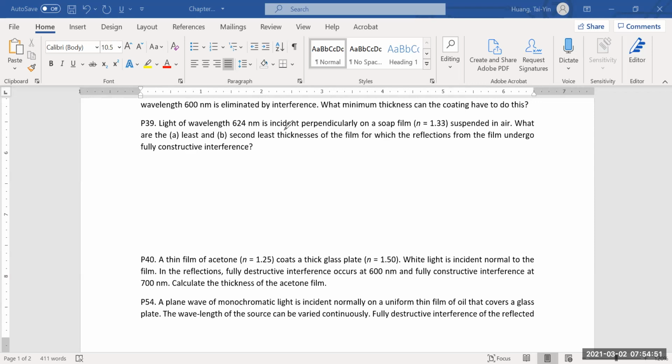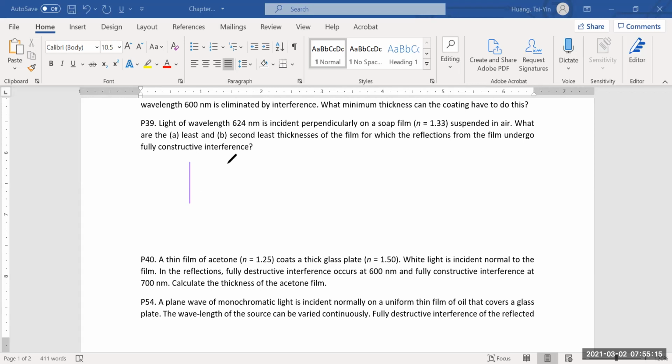So we know that the film is sandwiched by air. What are the least and second least thickness of the film for which the reflections from the film undergo fully constructive interference? In other words, we want a condition that produces a bright fringe.